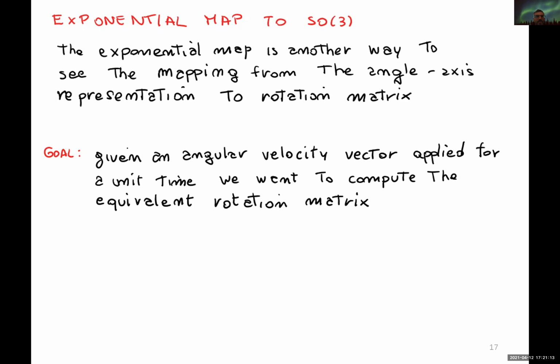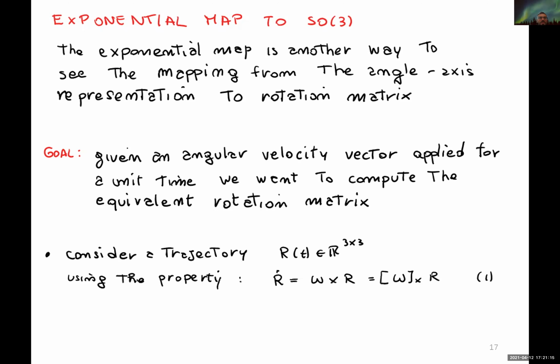For example, consider a trajectory on the rotation, a time varying rotation matrix. And we want to use the property that we saw, that links the time derivative to the angular velocity times vector product, the rotation matrix itself.